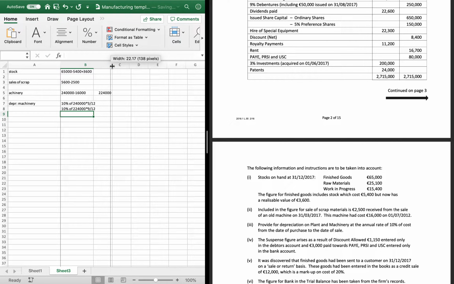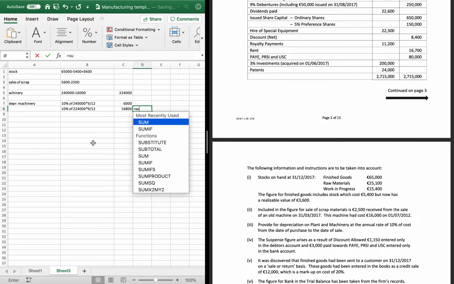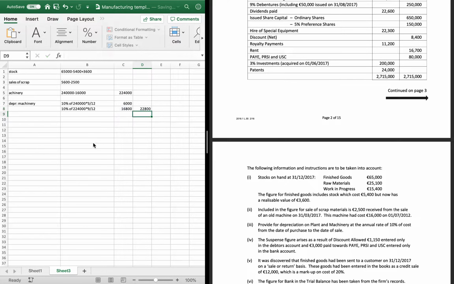Okay, so we'll work out those sums. Okay, so we'll add the two of those together, and that's your depreciation charge for the year. So 22,800.